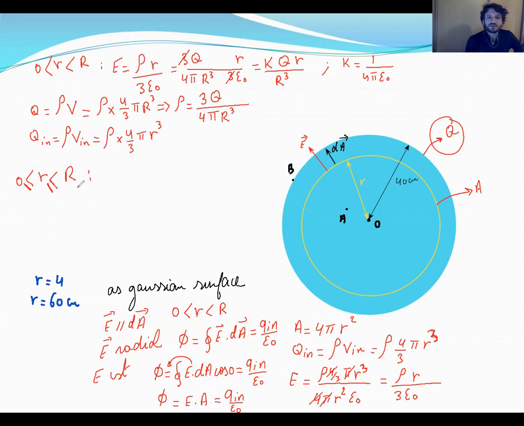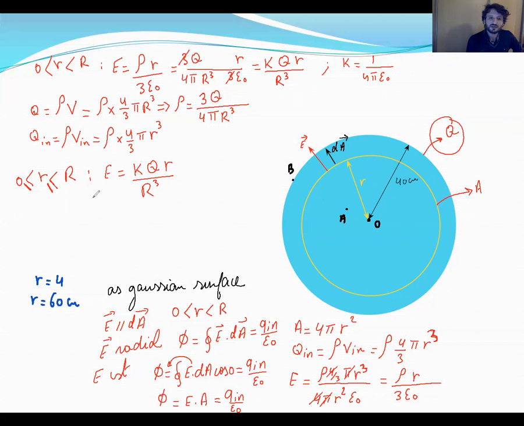Between these 2 points, we can say E equals k Q r divided by R cube.